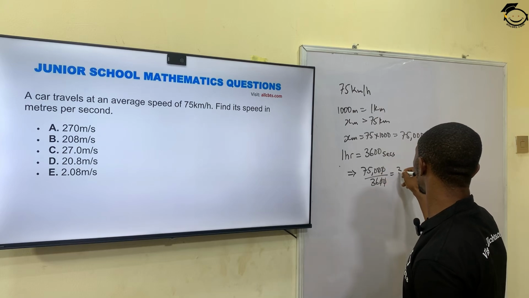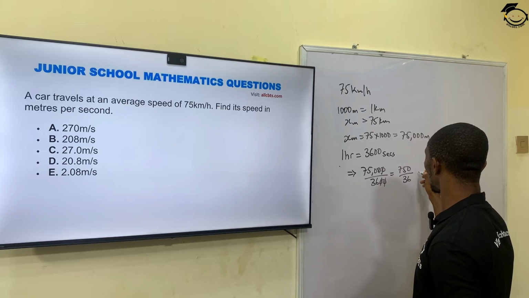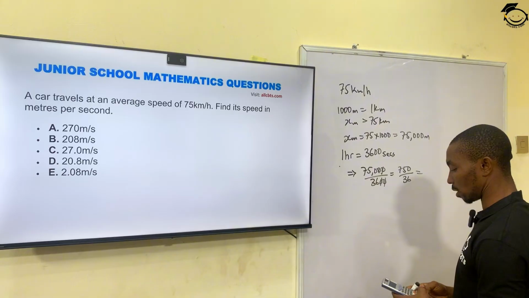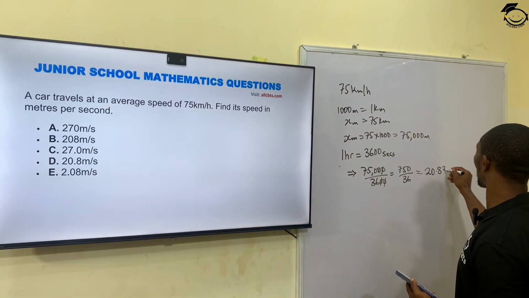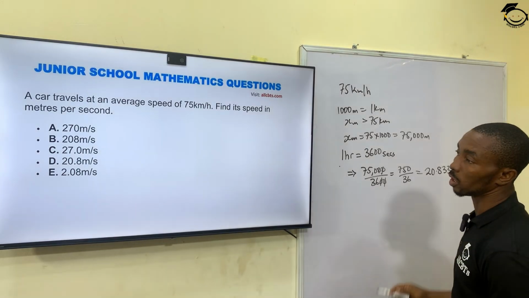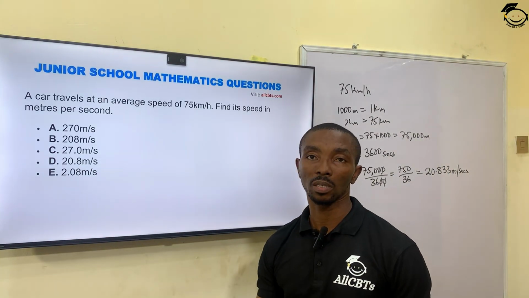So this will become 750 divided by 36, which would give us 20.833 meters per second. So which is our option D, 20.8 meters per second.